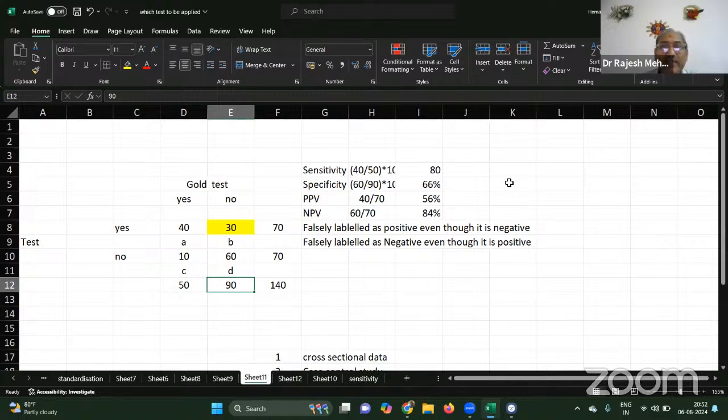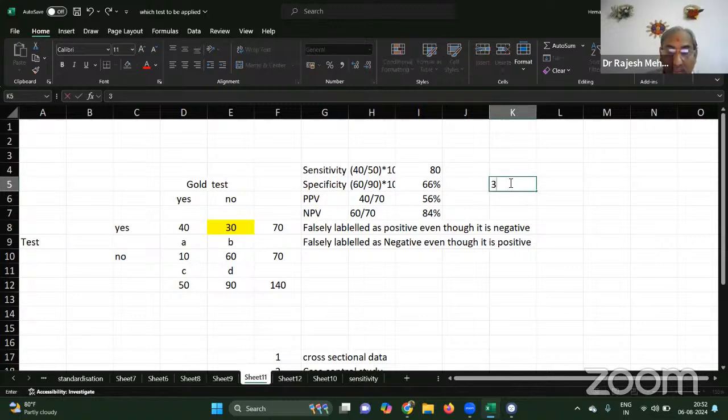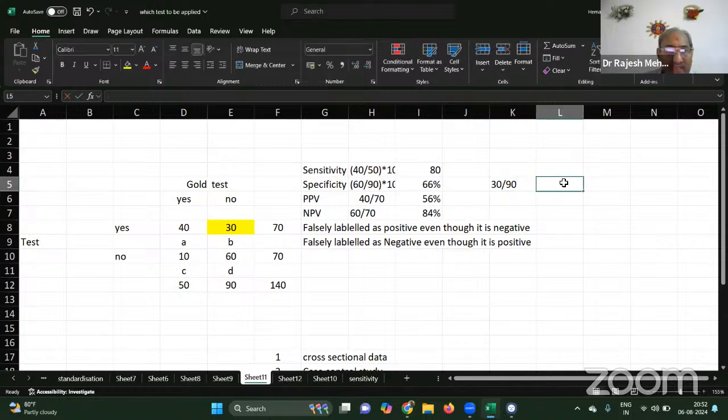So we can say that 30 out of 90, and percentage, if you take, it will be something around 34%. Then positive labeled as negative, even though it is positive.